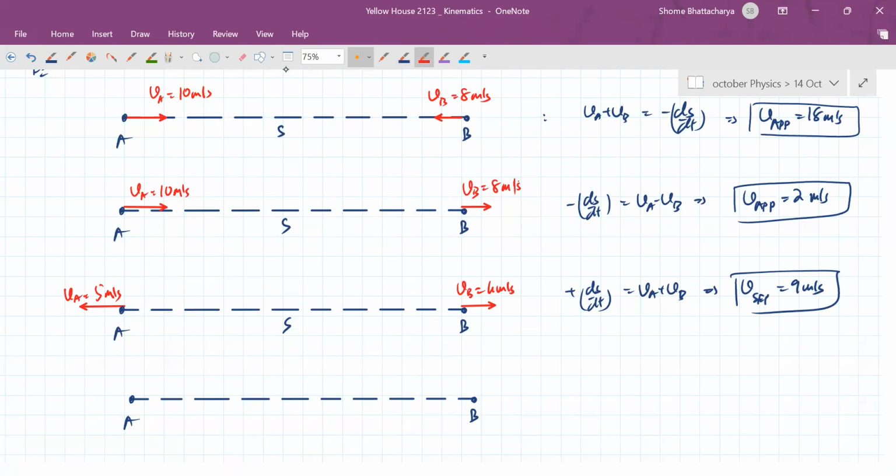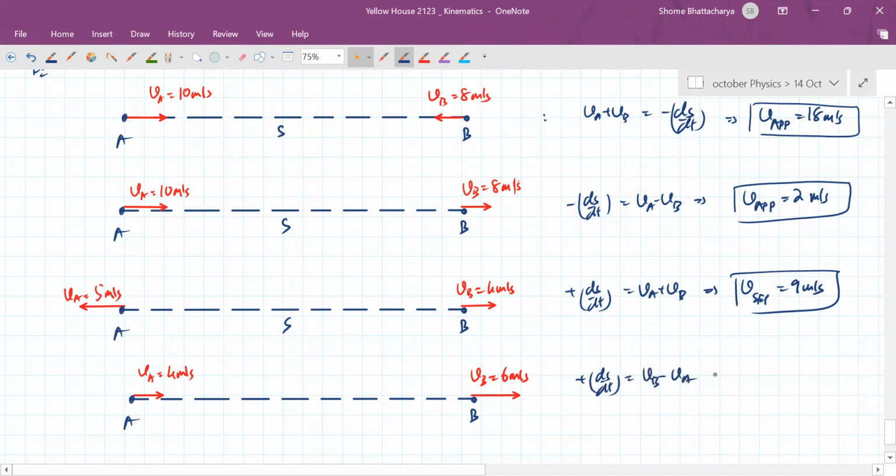Whereas suppose it is like this, here they're having a separation velocity of 2 meters per second.